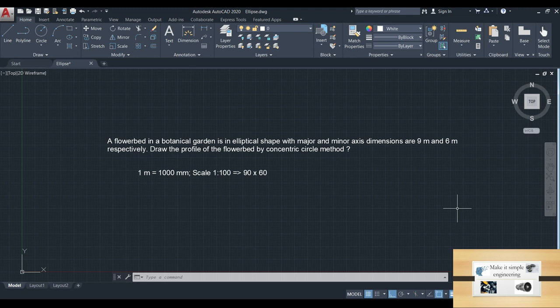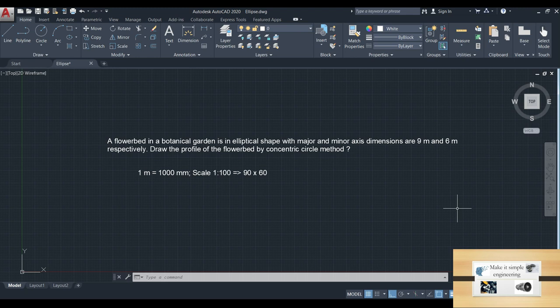So these dimensions are actually very big, and we cannot draw these dimensions in a normal drawing sheet. So we have to convert it into convenient dimensions by means of scaling.